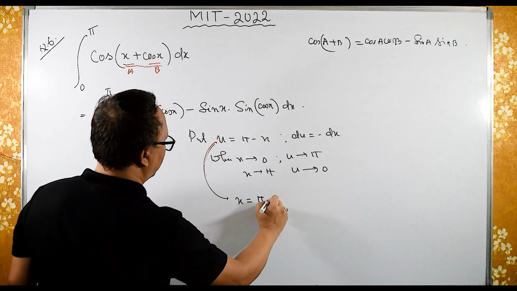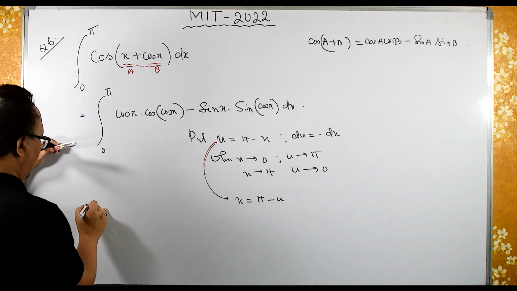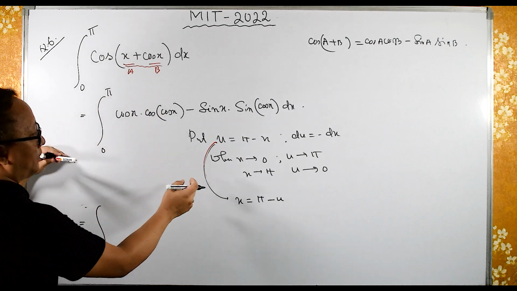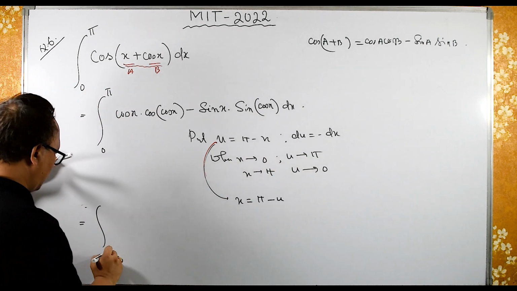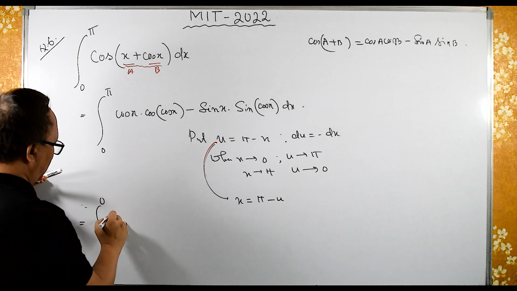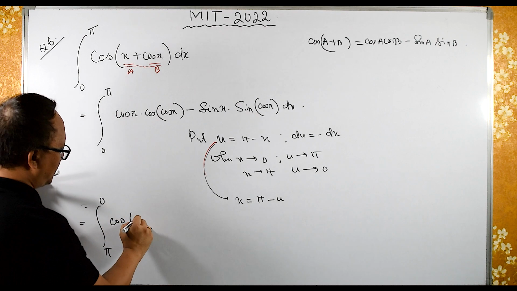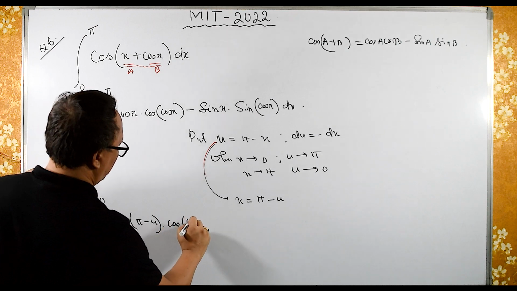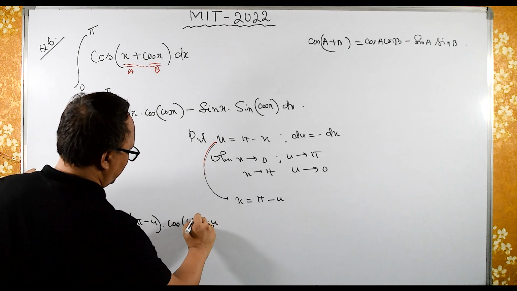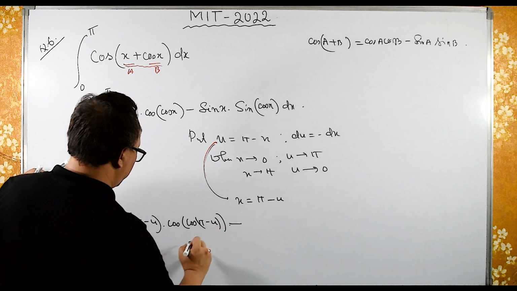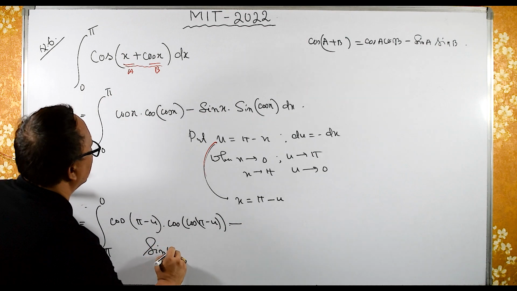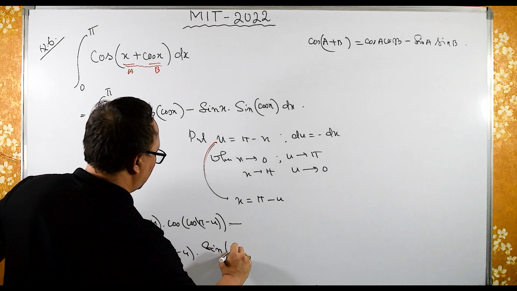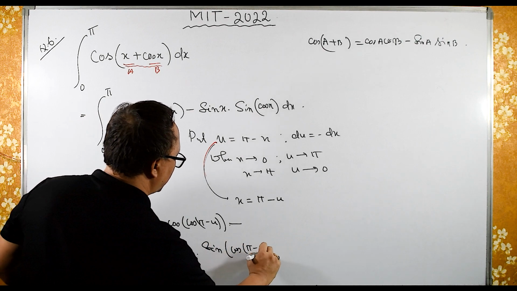pi minus u. So therefore this integral, with limits 0 to pi becoming pi to 0, has cos of x, meaning pi minus u, and then cos of pi minus u, minus sine of pi minus u, and then sine of cos of pi minus u.